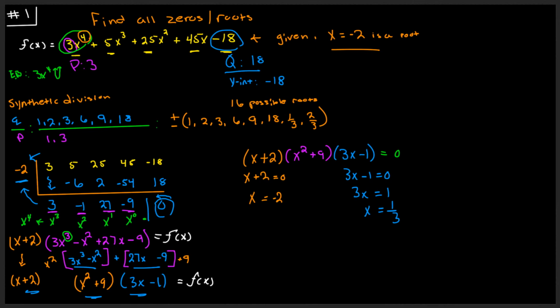And this last one, x squared plus 9 equals 0. x squared equals negative 9. Then you remember how to get rid of a square: you square root it. So x equals the square root of negative 9.